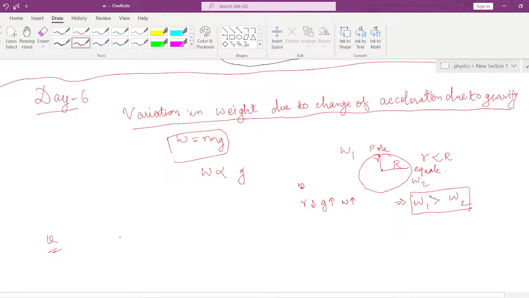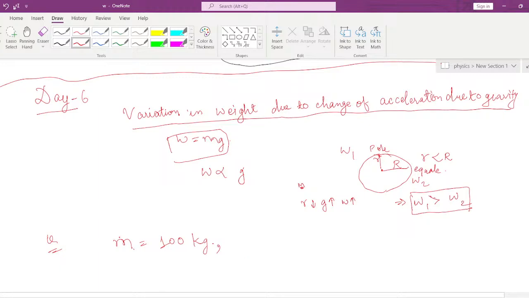It is given that a man can lift a mass of 100 kg on earth.